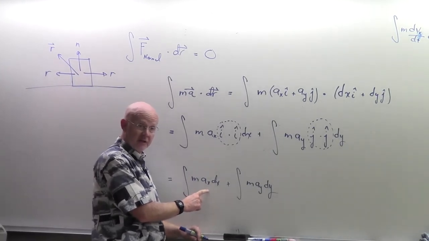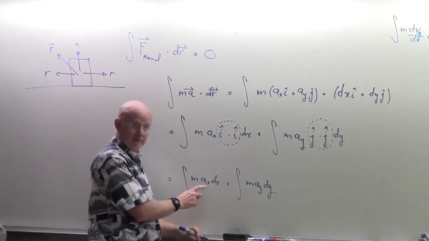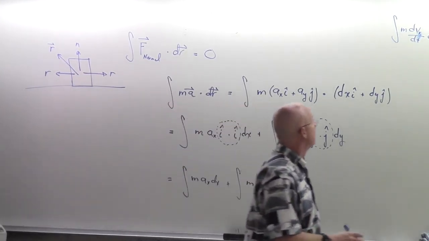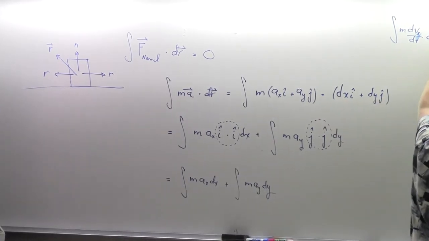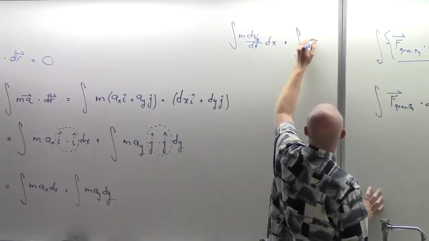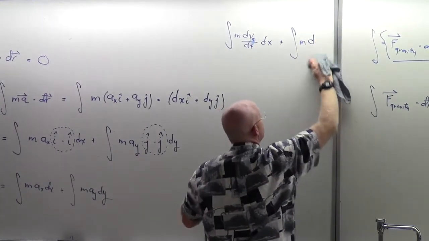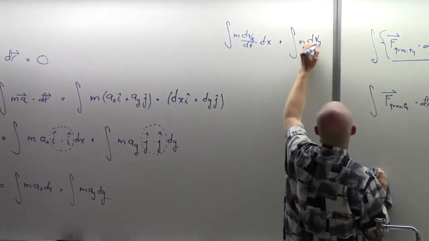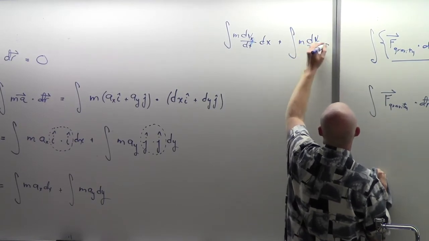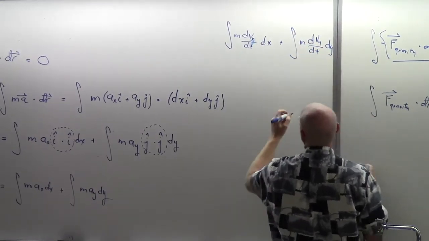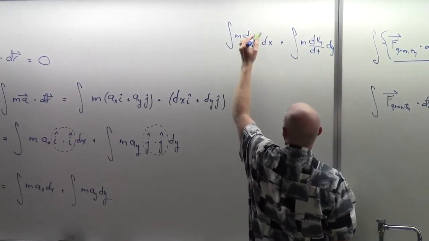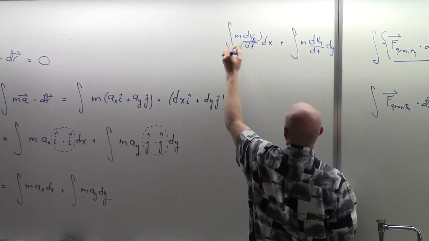So in place of acceleration, I'm going to put the derivative of velocity. And of course, I'm going to do the same thing for the other term, m dv sub y dt dy. And let me regroup things together. What would you call that?